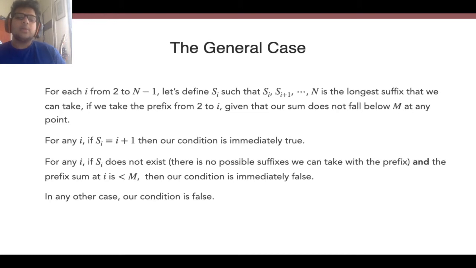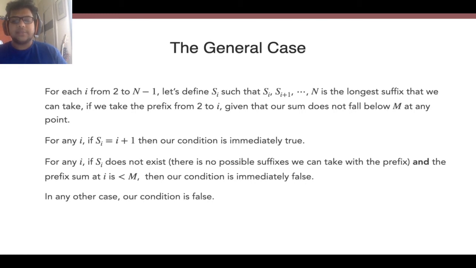Okay? And what is si? Well, again, we're only considering the array from 2 to n. So in this array, let's consider that we've taken a certain prefix, right, from 2 to that value. Now, if we've taken that prefix and we've obviously gone through all the earlier prefixes as well, then what's the longest suffix that we could have taken till this point? Like, what's the longest suffix that we can currently have in our sum, right? So that's what si is.